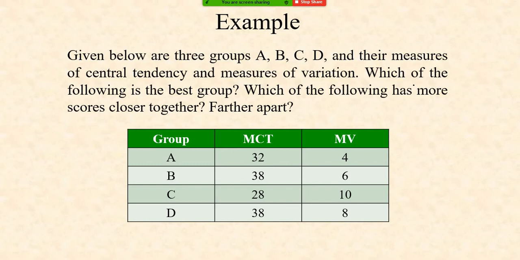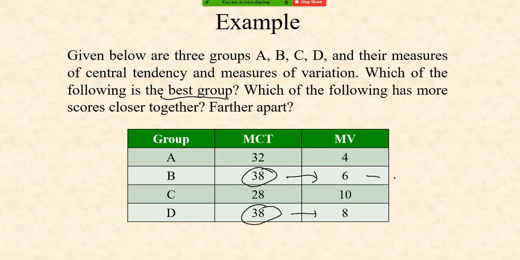So let's see if your answers are correct. If we're going to see which of the following is the best group, let's look at the different measures of central tendency. As you can see, the highest that we have is group B or group D. So we can say that group B and group D are the best groups. However, let's take a look now at their measures of variation and see if there is an effect. In group B, the measure of variation is 6, while in group D, the measure of variation is 8.